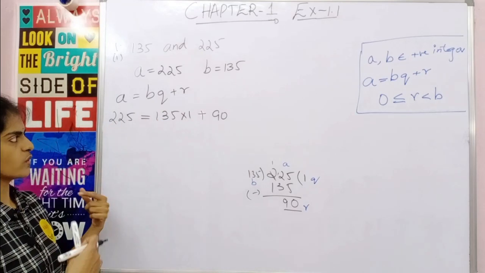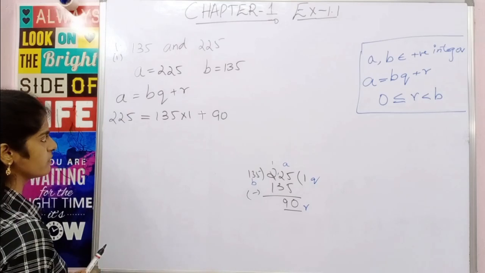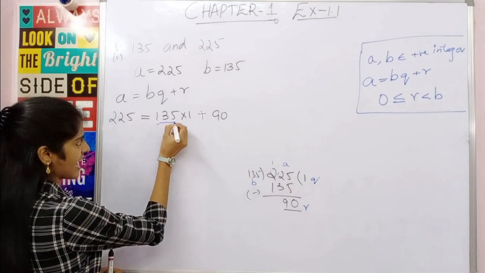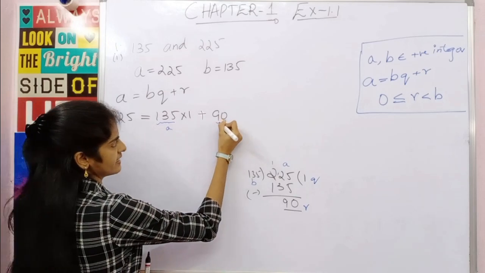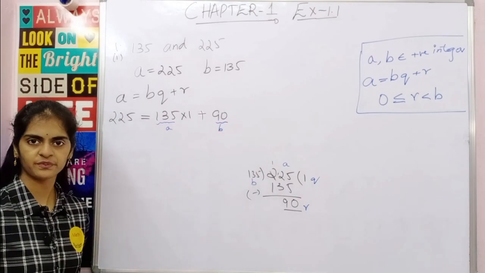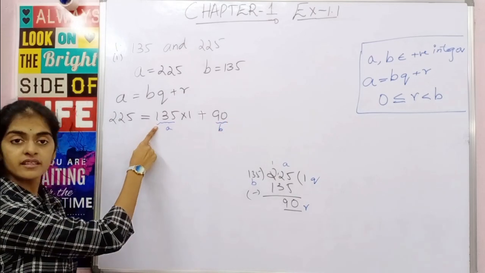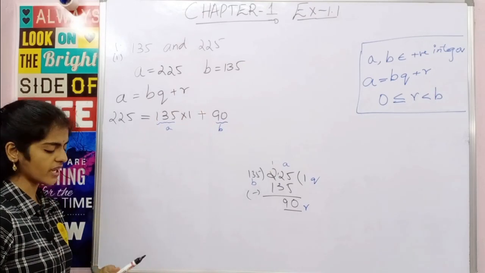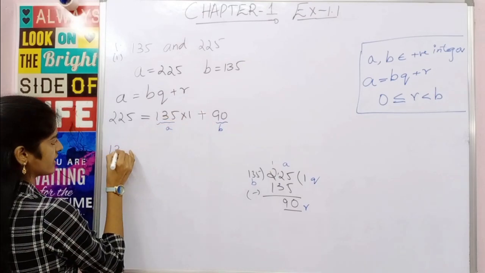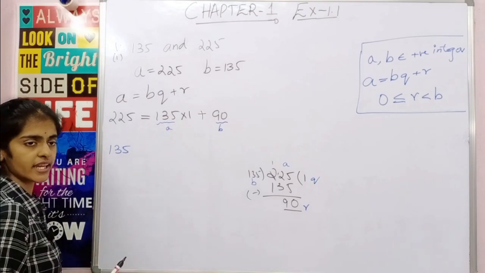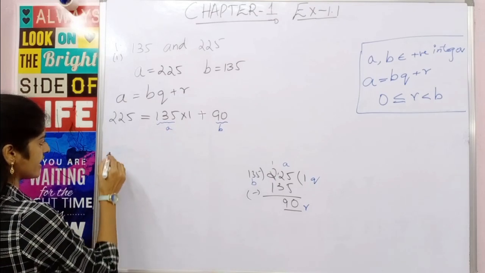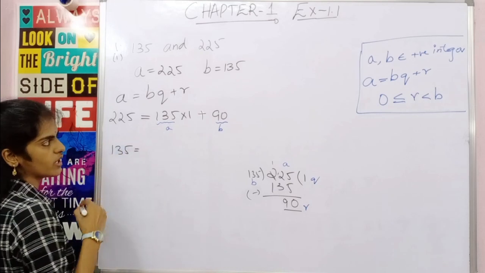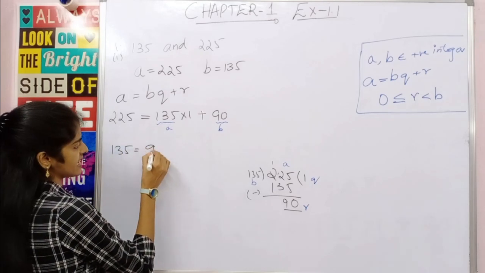Now what is the next step? You will take this divisor as A and this remainder as B. So A is 135, and B is 90.